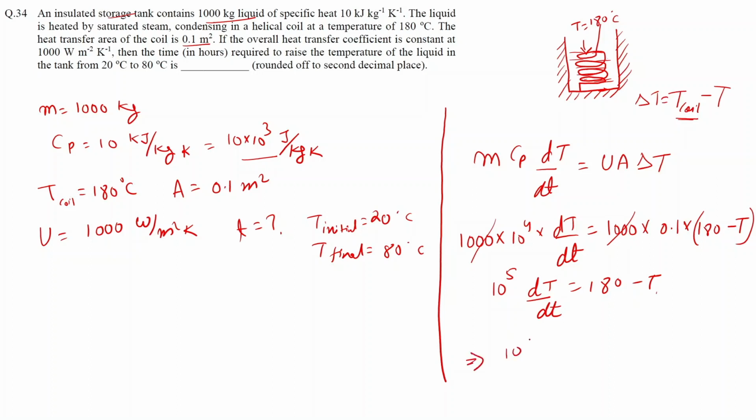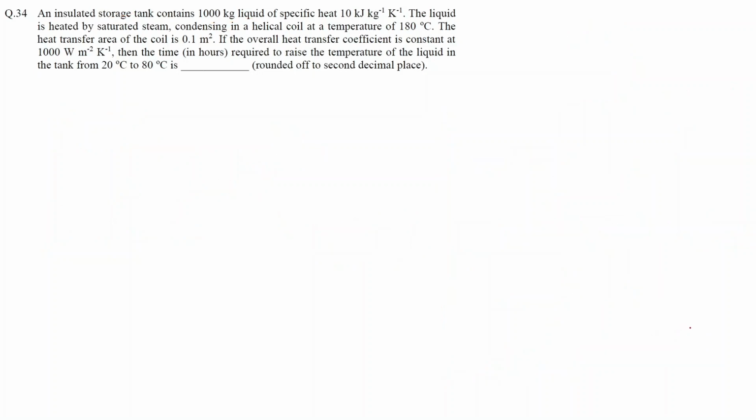So we can also write it as 10 raised to 5 over 180 minus T dT is equal to dt.